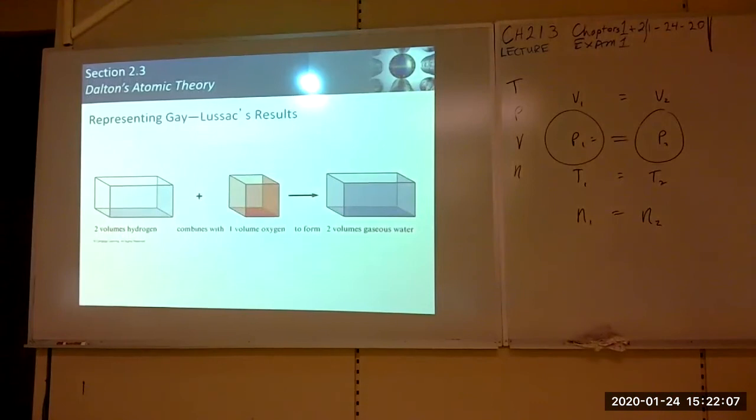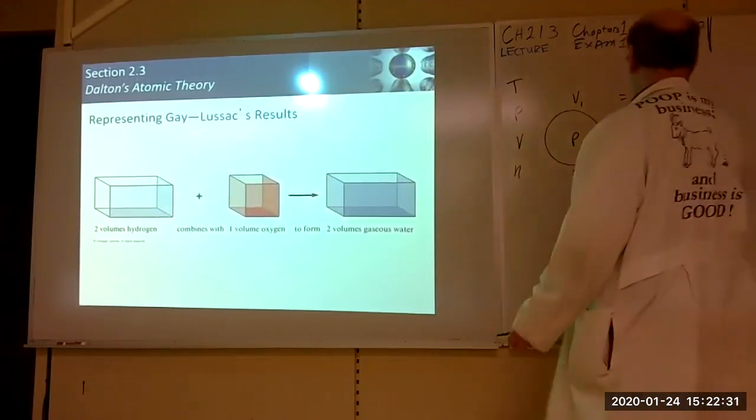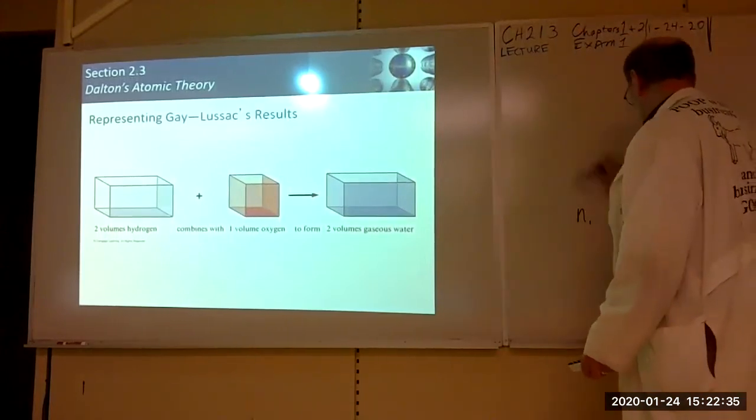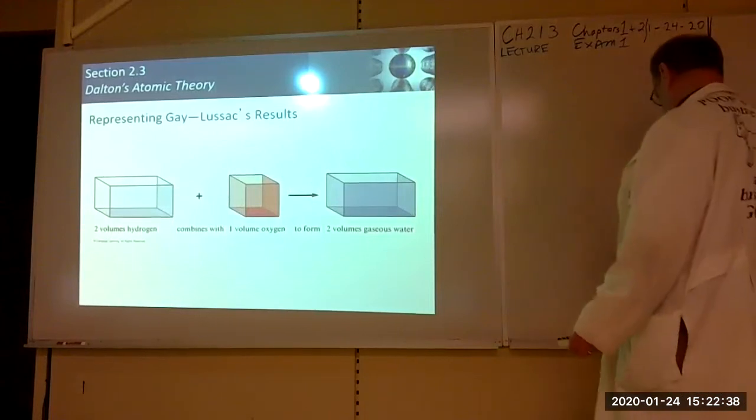So what Gay-Lussac was saying, and Avogadro picked up on, was if you have 2 volumes of hydrogen and 1 volume of oxygen, you get 2 volumes of water in the gas phase. So this gives you a reaction ratio, like 1 volume there, 2 volumes there. And what does that mean in terms of reaction? Well, we've already seen the reaction, the way it was written.